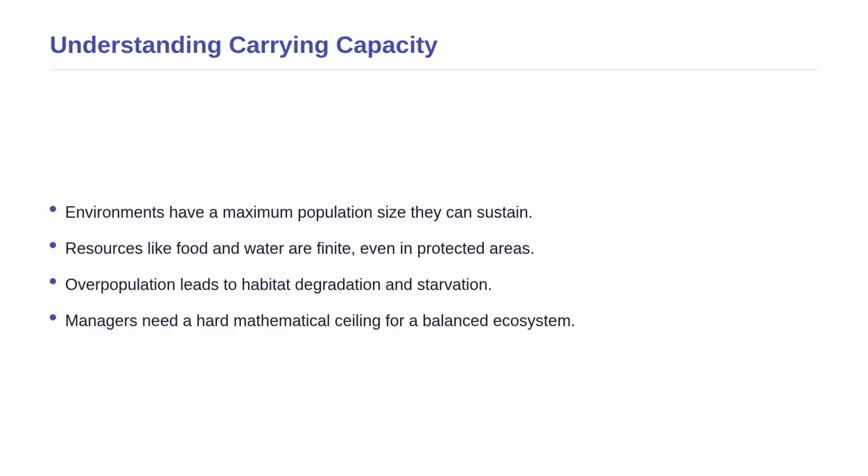Even in a strictly protected national park, resources like food and water are finite. If an animal population grows too large, they risk overgrazing and destroying their own sanctuary. Therefore, park managers must establish a hard mathematical ceiling to ensure the ecosystem remains healthy and balanced.